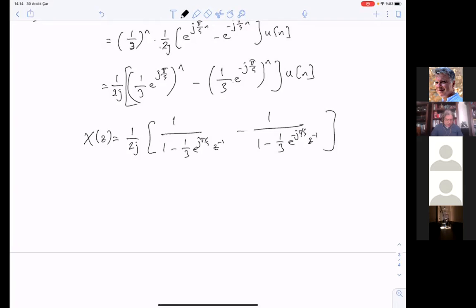So we have two poles. One of the poles is at 1/3 e to the j pi over 4. It's a value, it's a number, a complex number. The other one is at 1/3 e to the minus j pi over 4, another number. Now, these two numbers are conjugates of one another.